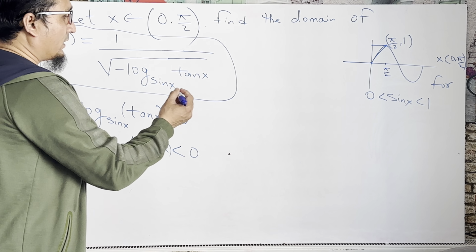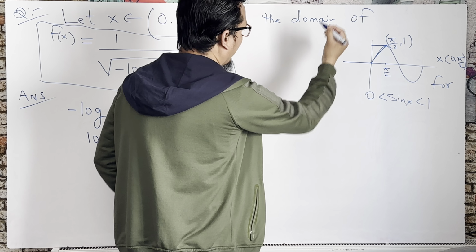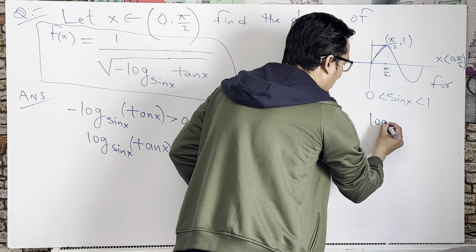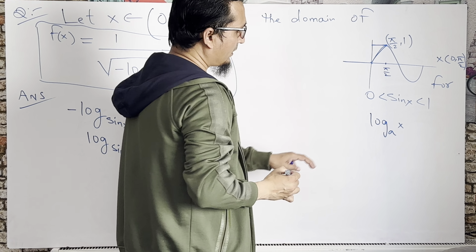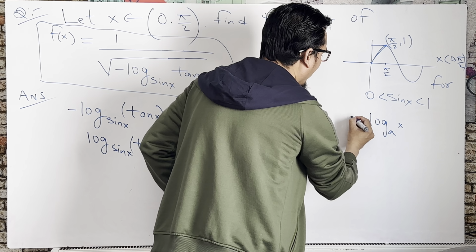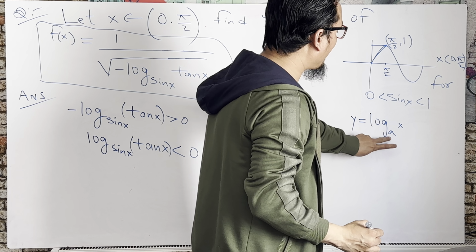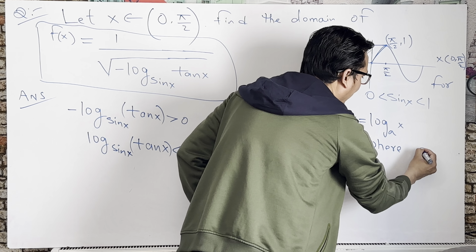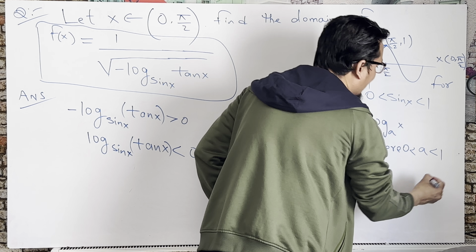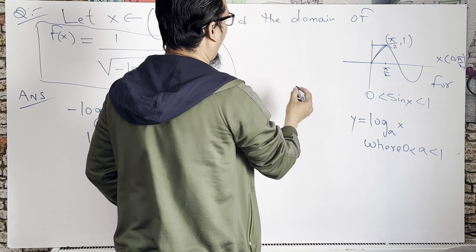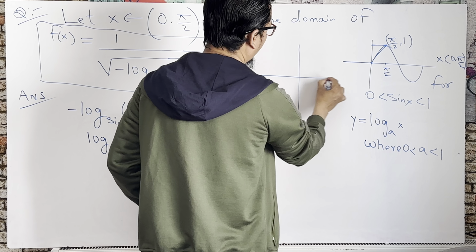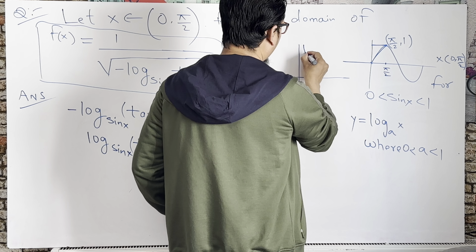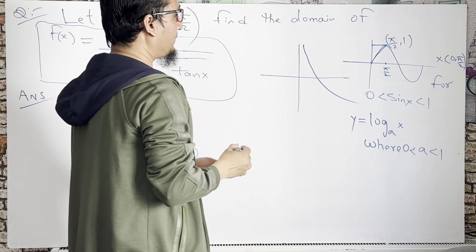So the graph of log: if the function is given y is equal to log base a of x, where a is greater than 0 but less than 1, then the graph of the log is always this one.